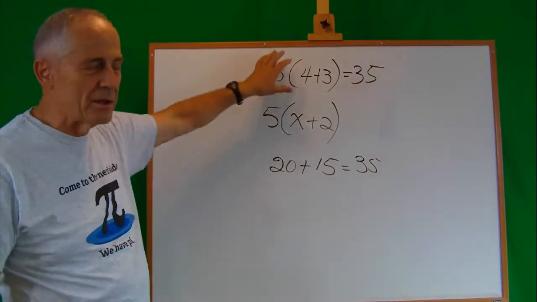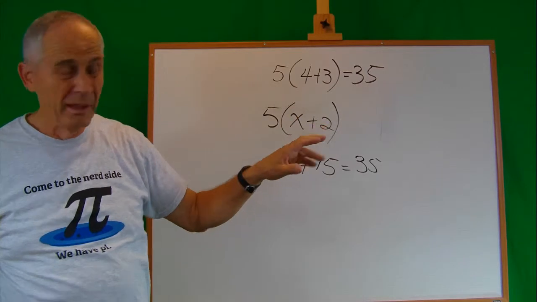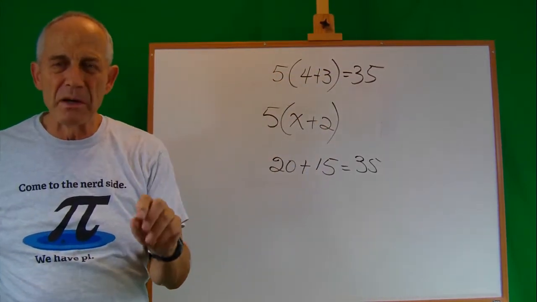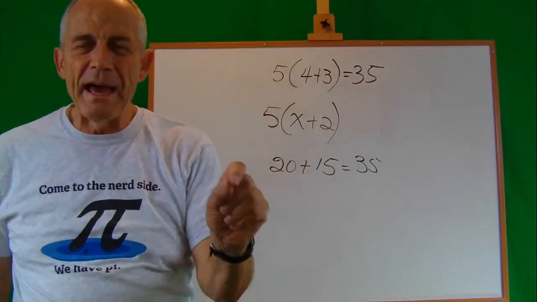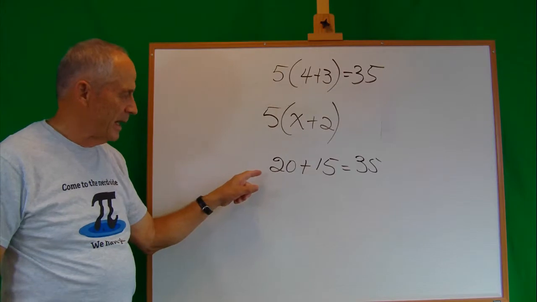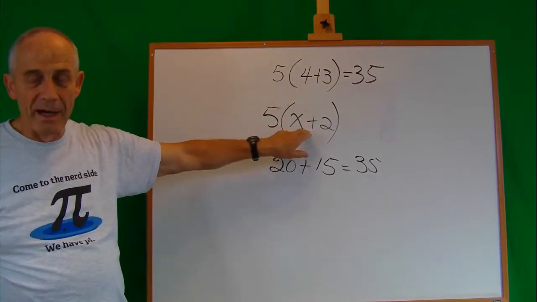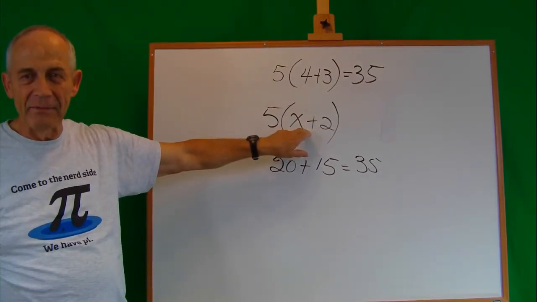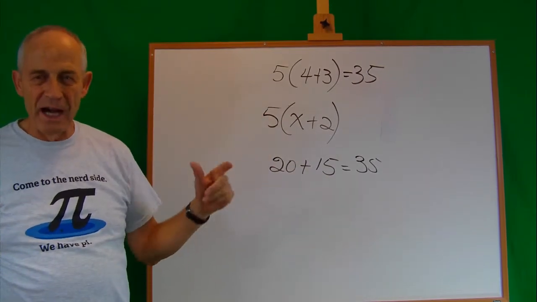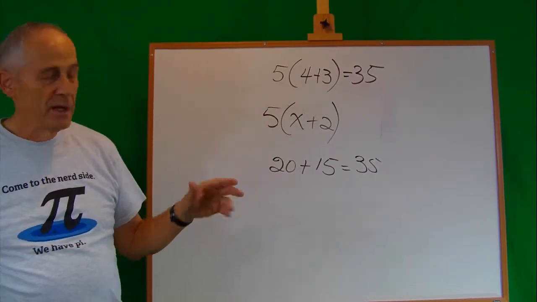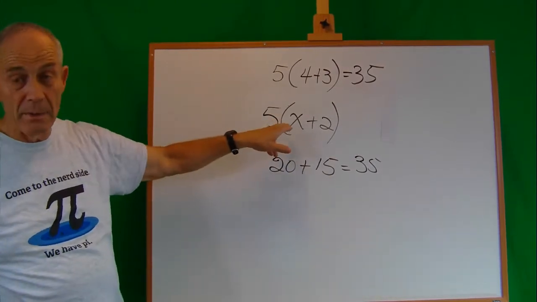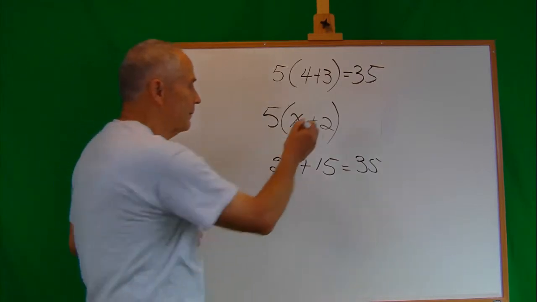Okay, so when we distribute multiplication through a group, we have to be sure and remember to multiply everything in the group. Okay, so with that in mind, let's take a look at what we have here. I'm supposed to multiply this 5 times this group. So I'm going to multiply by everything in the group. First of all, I'm going to do the 5 times x.